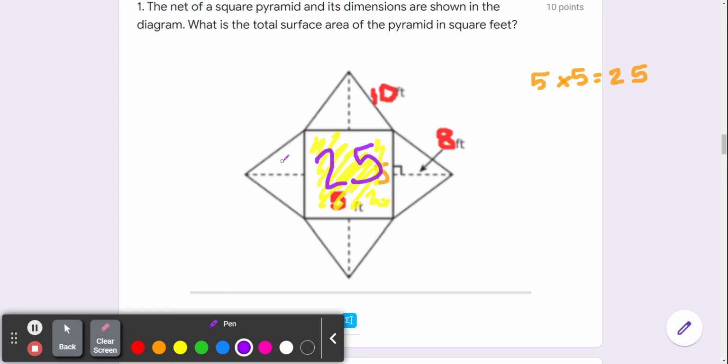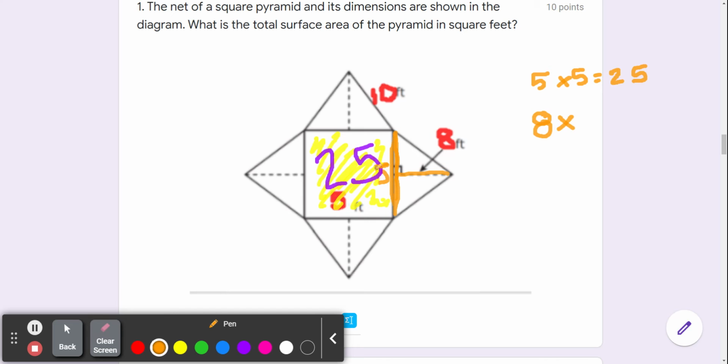Now I've got to do these triangles. And the nice thing is that once I do one triangle, that's enough and I can just repeat it 4 times. So now the height of my triangle is 8. And my base of my triangle right here, so I'm looking at this triangle, the height was 8.